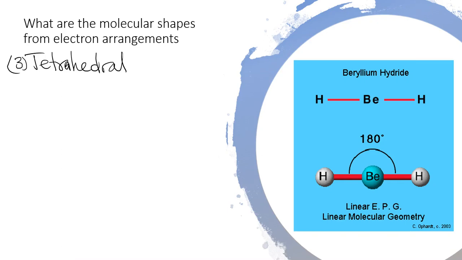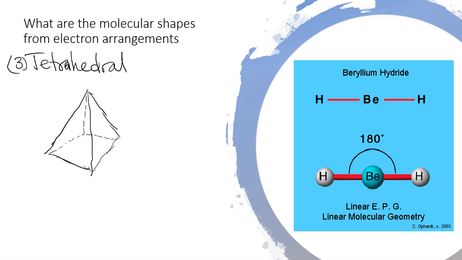So a tetrahedral is like a pyramid. So a four-sided pyramid.